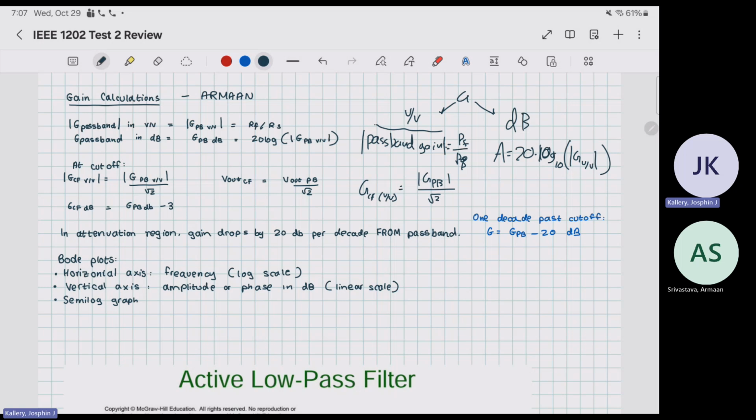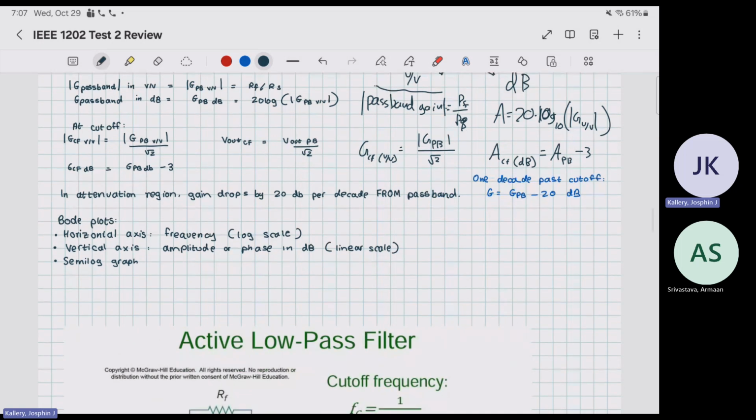If you're working with decibels, then your gain at the cutoff in decibels will be your gain in the passband, and then you subtract 3 dB. These are just some quick formulas which are already given to you.